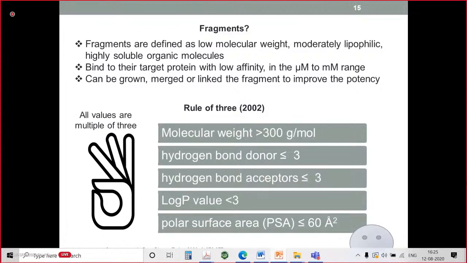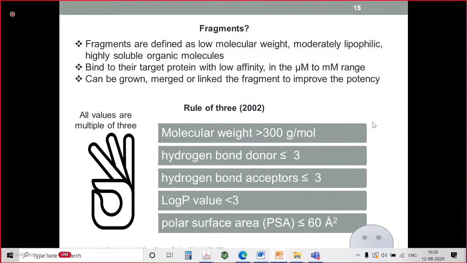So here also, generally we follow the rule of 3. The rule of 3 is again a thumb rule, not essentially followed, but we have to consider it. The rule of 3 says the molecular weight must be less than or equal to 300 Dalton.